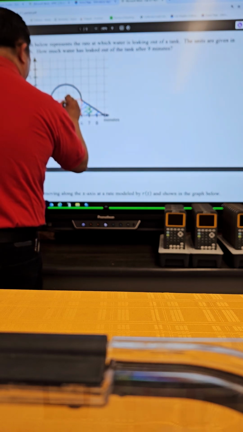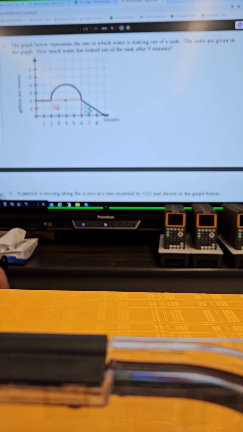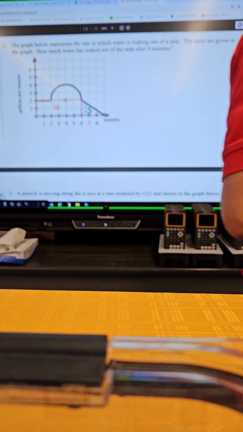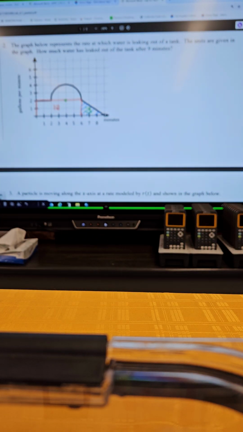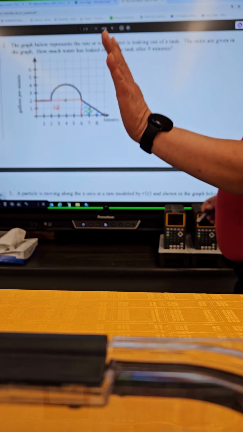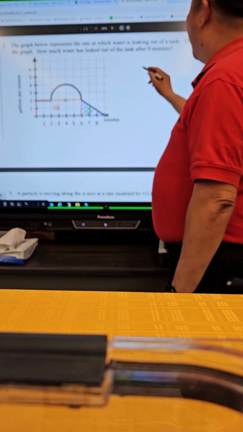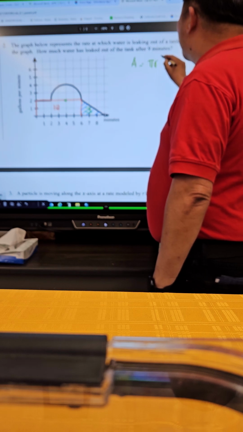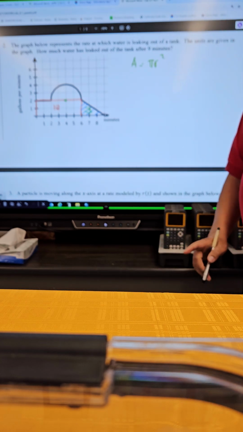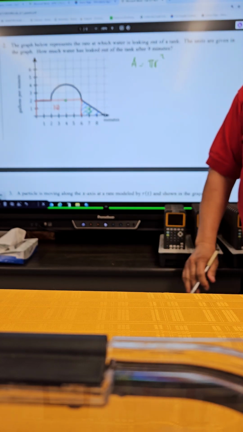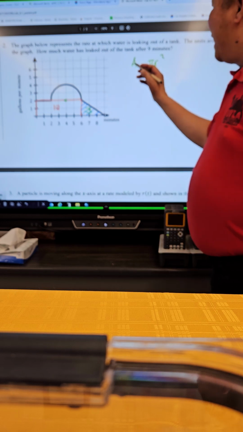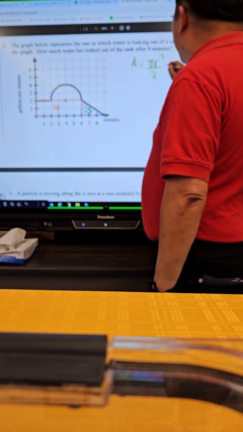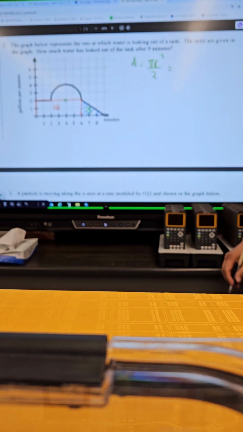Now, let's take a look at this one. This is a semicircle. What is the radius of a circle? 2 is the radius. Now, look. We all know that the area of a circle is pi r squared, right? But this is a semicircle. What do we do? We take half of this. So pi r squared over 2.